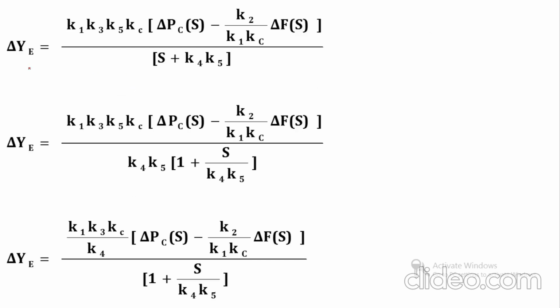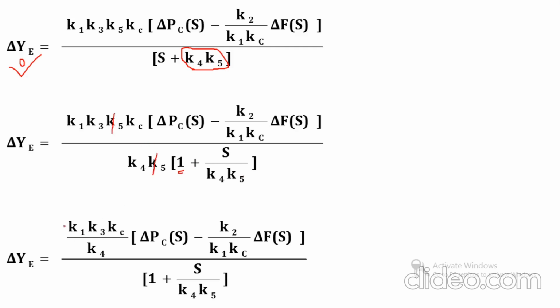So this is the equation of delta YE. In the denominator I will take K4, K5 as common. The remaining term will be 1 plus S upon K4, K5. K5, K5 will be cancelled.